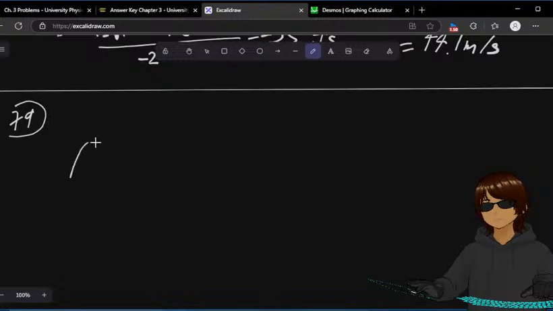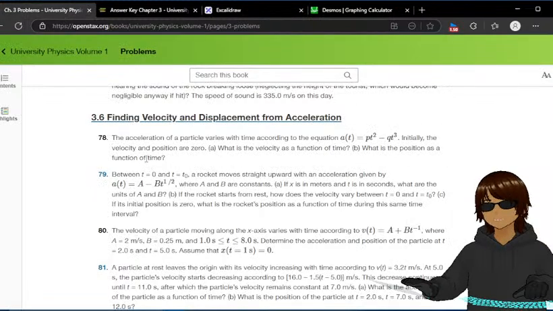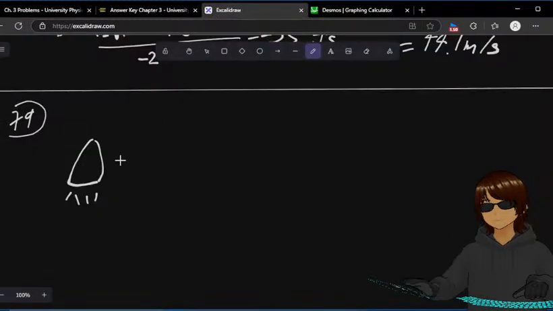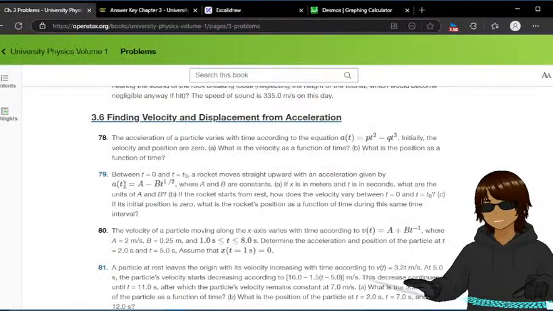The rocket goes upwards. Acceleration is a minus b t to the power of half.